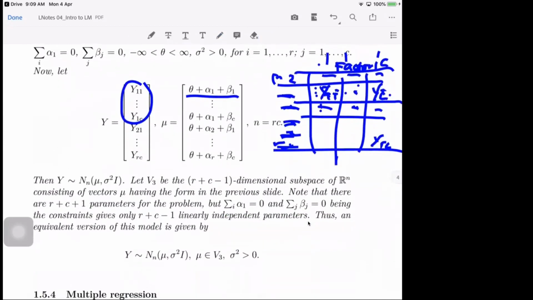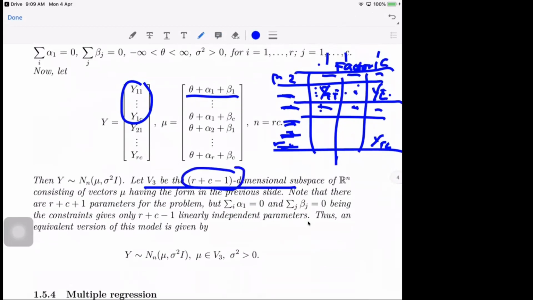So in coordinate reversion, all you have to do is to establish your subspace, say V3, and the dimension of your V3 is the number of rows plus the number of columns minus 1, after subtracting it with the number of constraints.